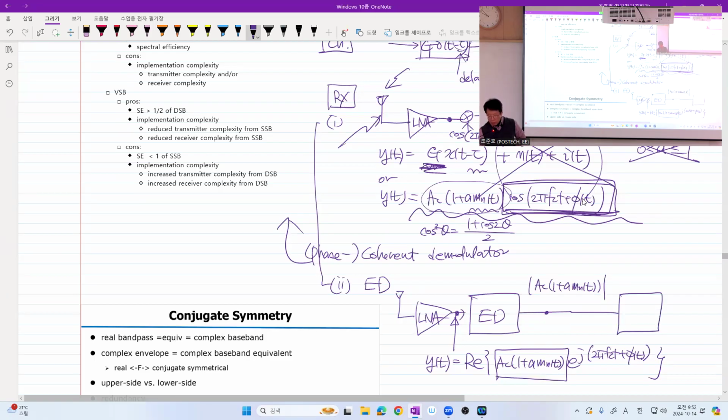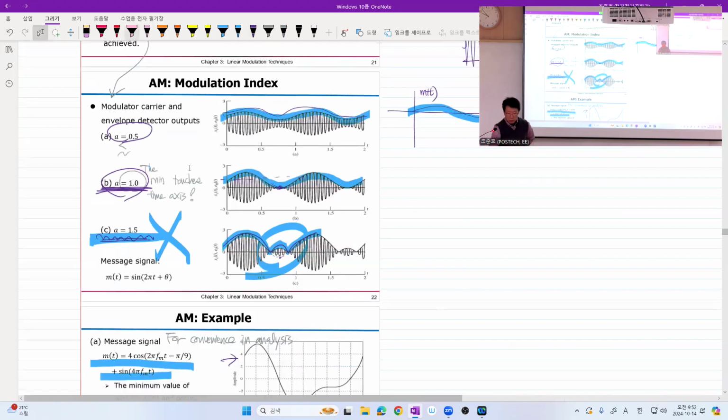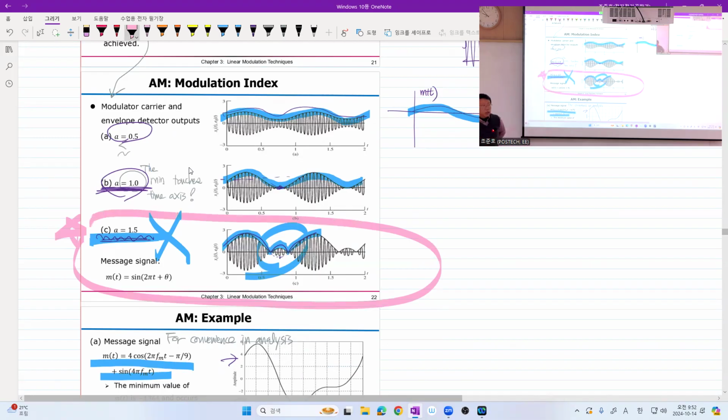And here goes the DC block. And what you want here is something proportional to m of t. One of the sufficient conditions is that A is between 0 and 1. Ready? Otherwise, you have distortion at the output. That is shown here. Let's see this one. Okay. So this is one of the most important figures in understanding the modulation index of AM.